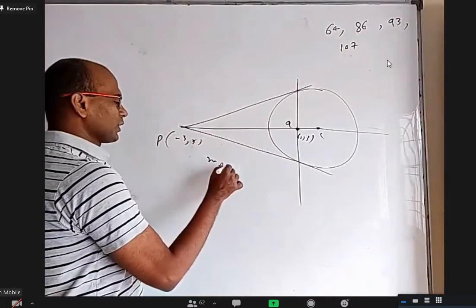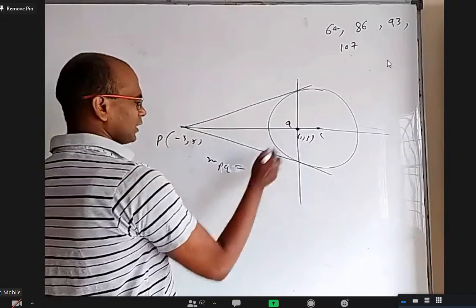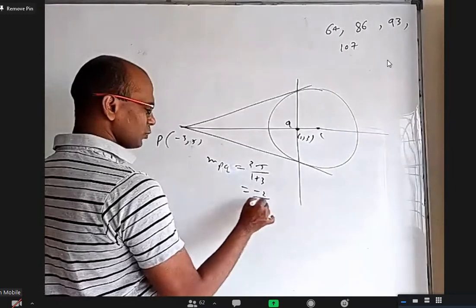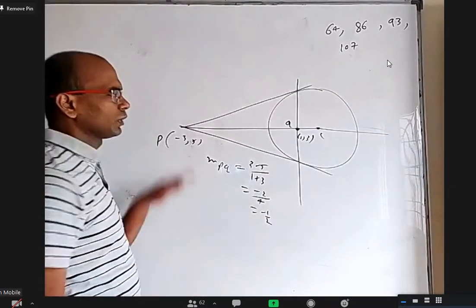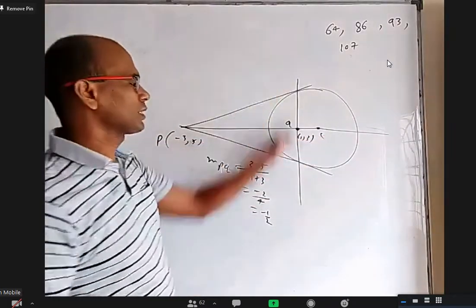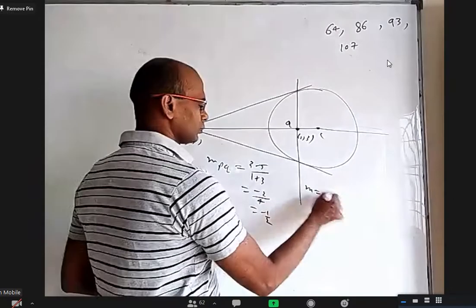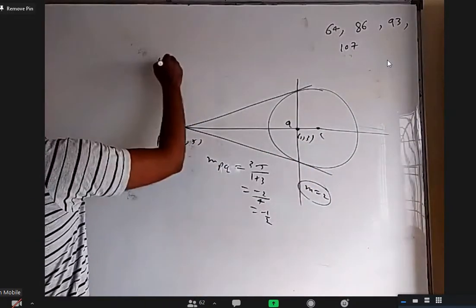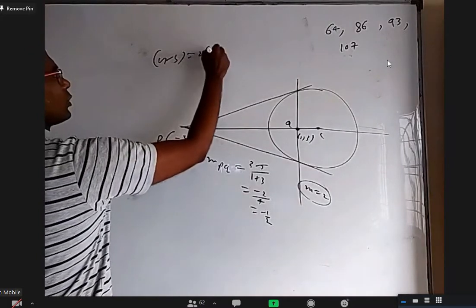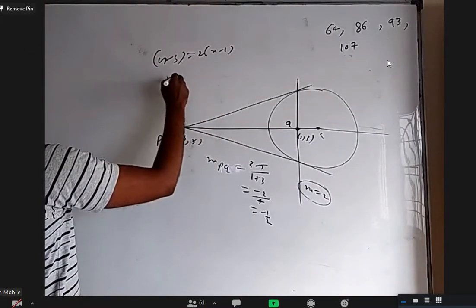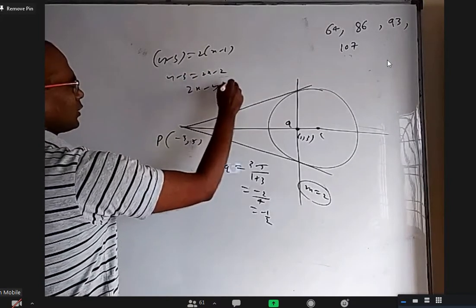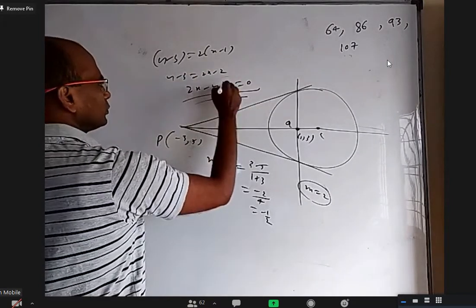What is the slope of PQ? (3 minus 5) by (1 plus 3), minus 2 by 4, which is minus 1 by 2. If this line's slope is minus 1 by 2, this line's slope will be 2. We know the slope and we know the point, so you can find the equation. y minus 3 equal to 2 into (x minus 1). y minus 3 equal to 2x minus 2. 2x minus y plus 1 equal to 0.